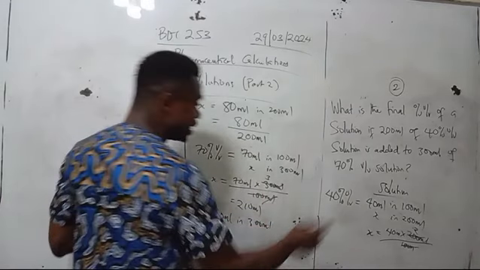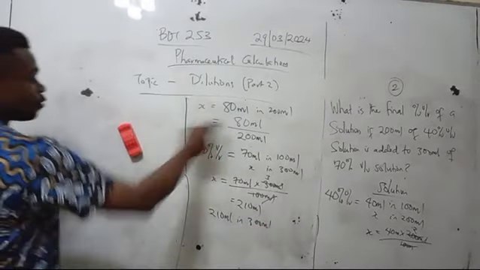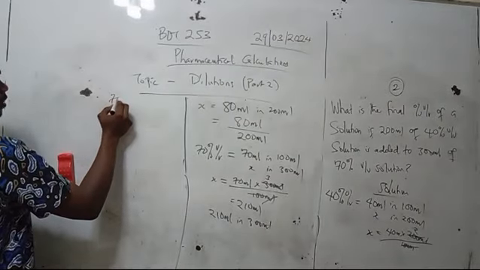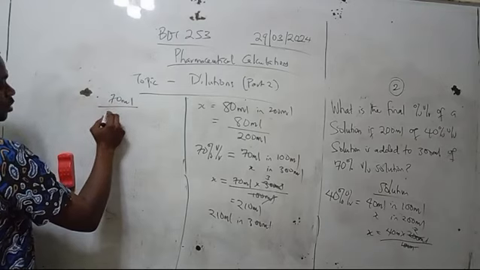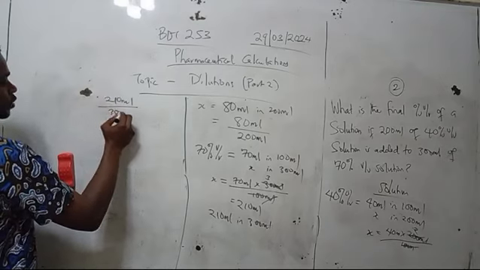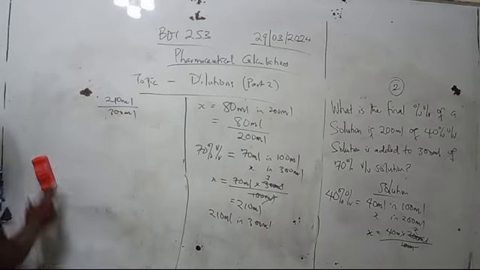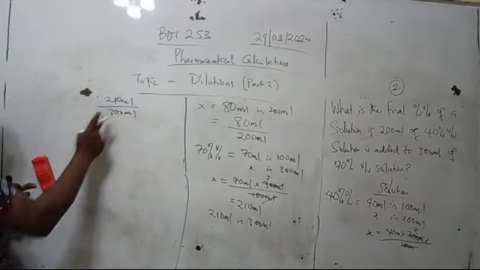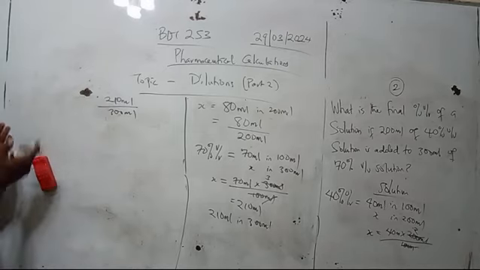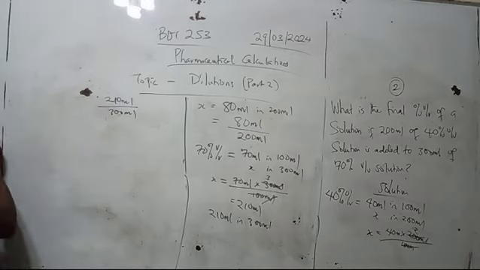So you add this, but this is not added like a normal fraction we know. You just add the numerator and add the denominator, because the numerator is the active ingredient in the two of them, so they can combine, while the denominator is the volume of the entire product A and B, so they can combine.